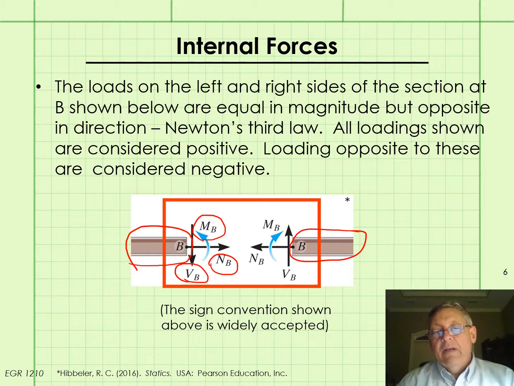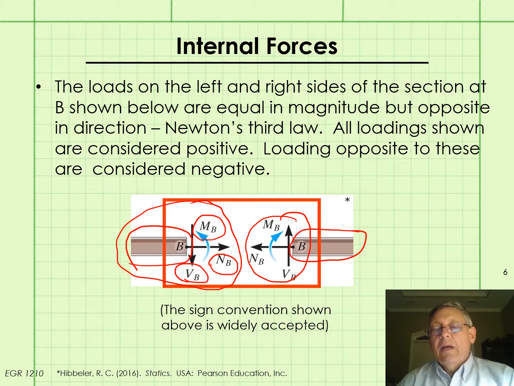Notice everything is in the opposite direction of what it is on our original free body diagram over here. And all of these loadings, the direction that they're shown, for the free body diagram from the left side of the cut and the free body diagram for the right side of the cut are considered positive.